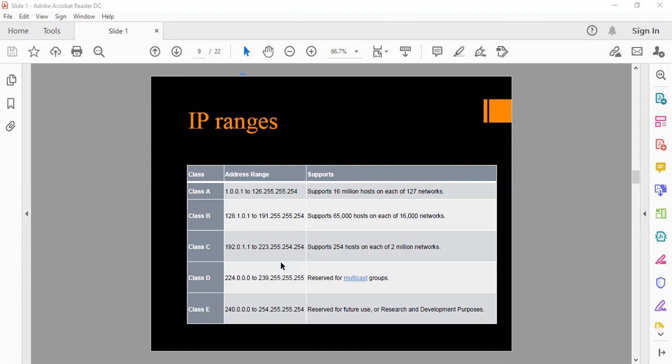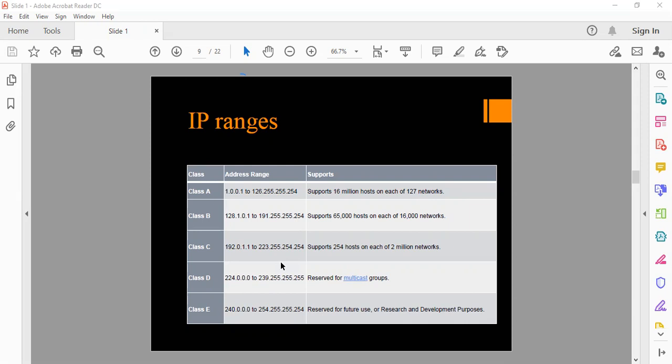The number of networks will be increasing. While in a class C network, you can communicate with only 254 hosts, while the number of networks increases from 16,000 to 2 million.